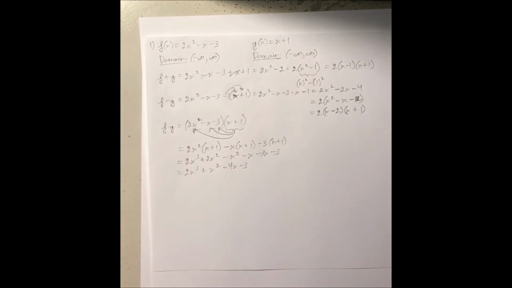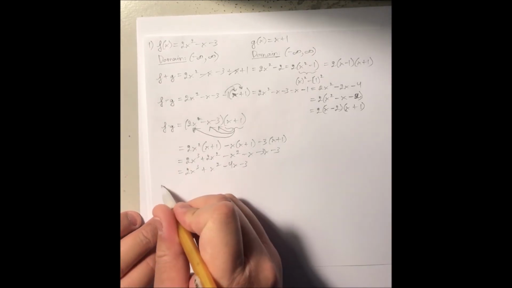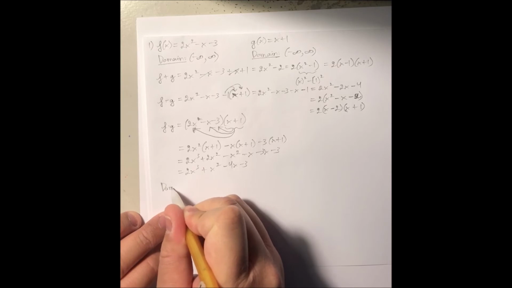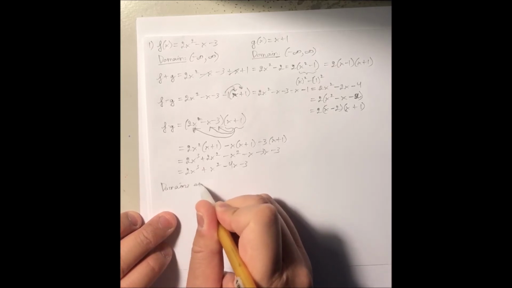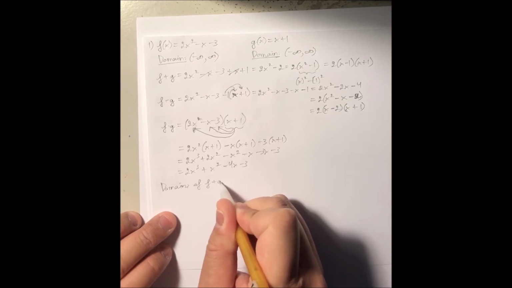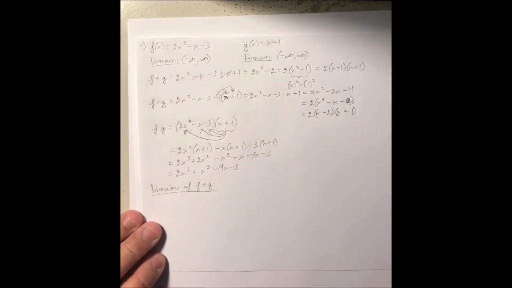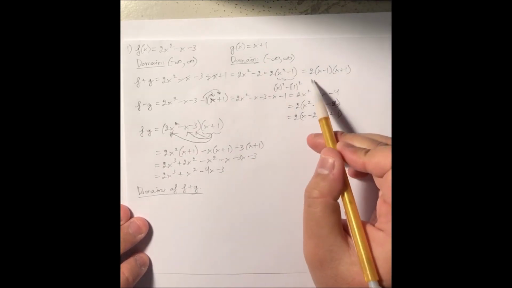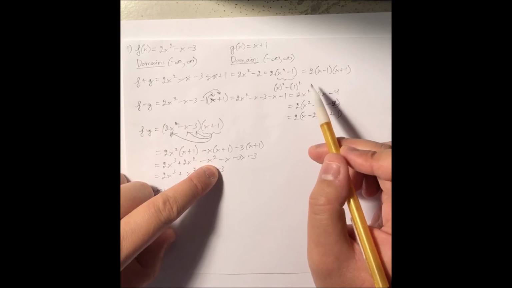Now, what is the domain of the sum, difference, and the product? Well, let's find the domain of the sum first. If you take a look, the sum here has no restriction at all because it has no point of discontinuity.